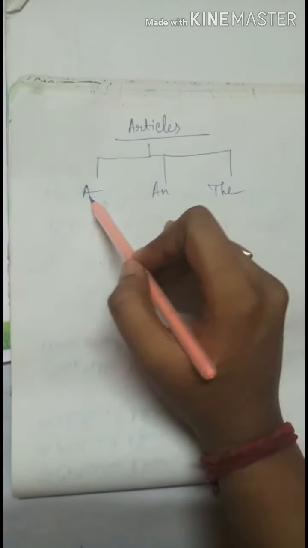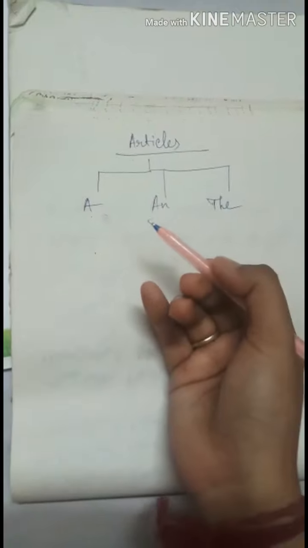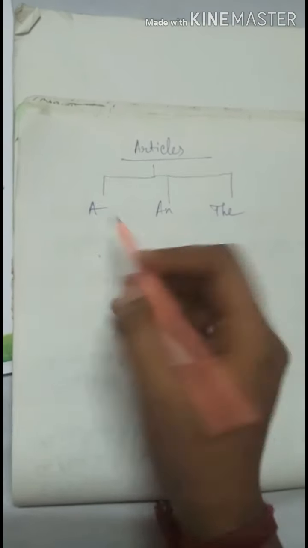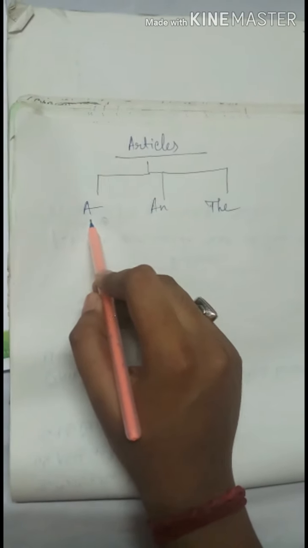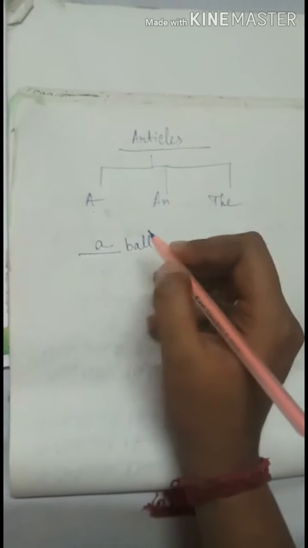So these are articles. A. Before a noun which begins with a consonant, here we place a, like a ball.